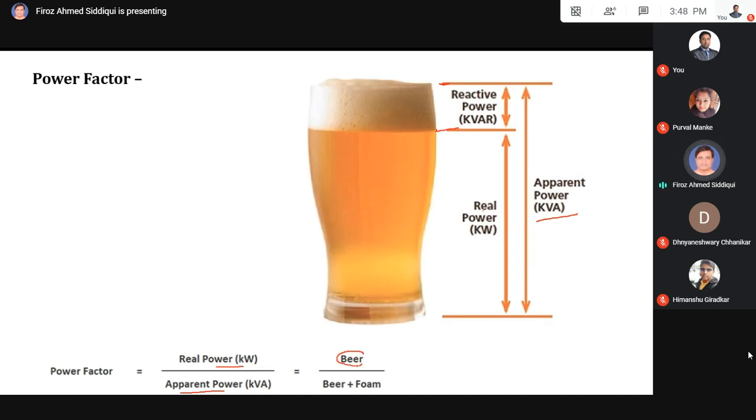That means the beer, this much, divided by this beer plus this foam. So divided by the real power plus the reactive power. So this is the power factor, real power upon the apparent power.